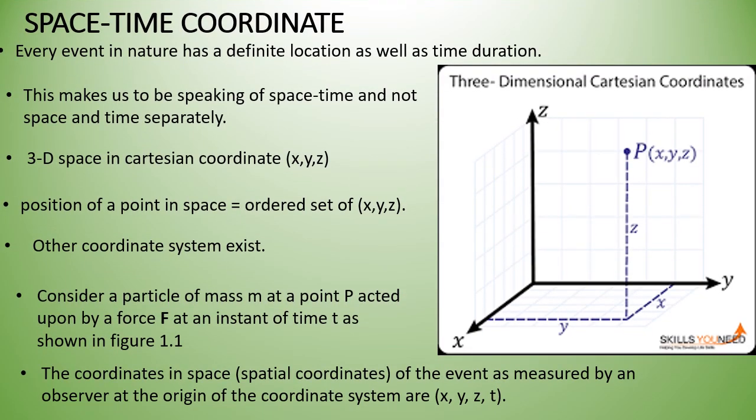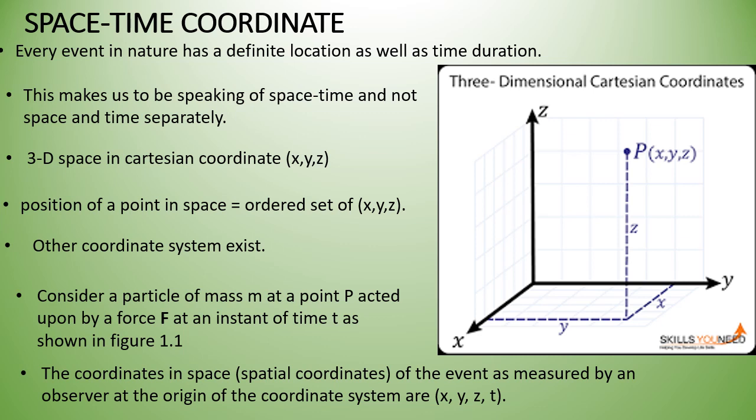So space and time. An event we know in nature has a definite location as well as a time duration. And this makes us speak of space-time and not space and time separately. So we use three-dimensional Cartesian coordinates, 3D space in Cartesian coordinates x, y, z.